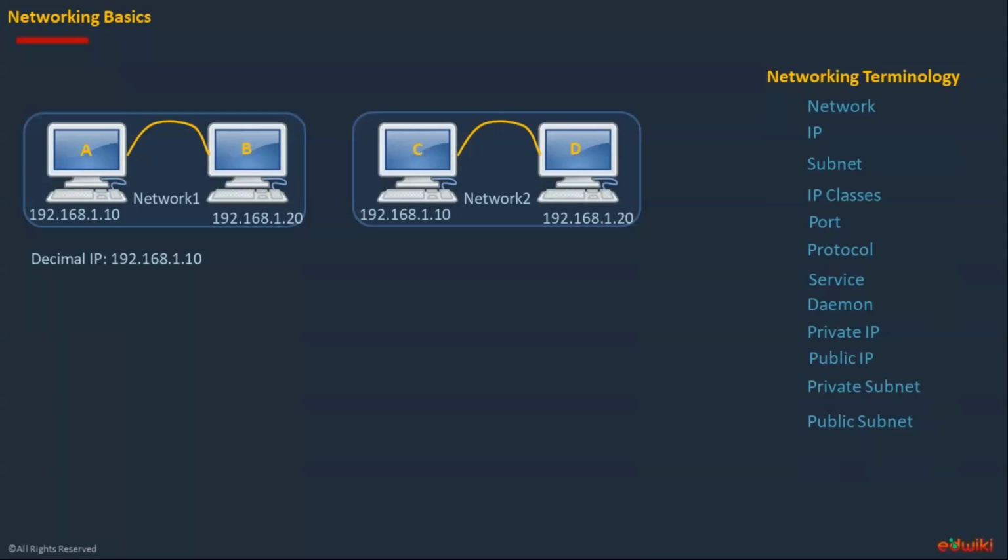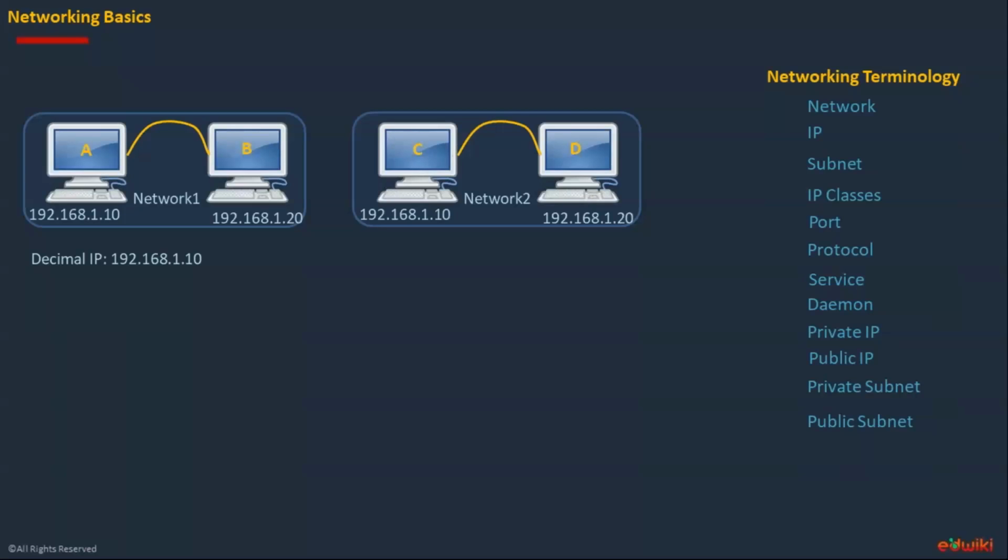Same way, when it comes to computer communication, the IP address should follow certain standards. I can't just give the number the way I like it. There are certain standards defined by organizations.